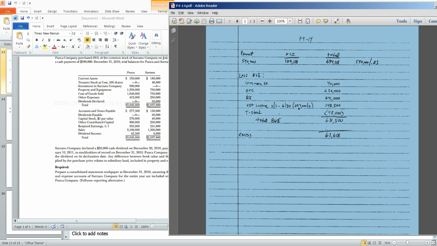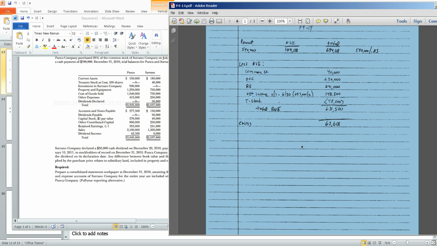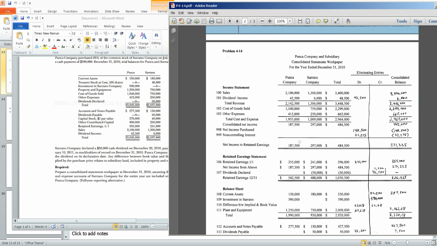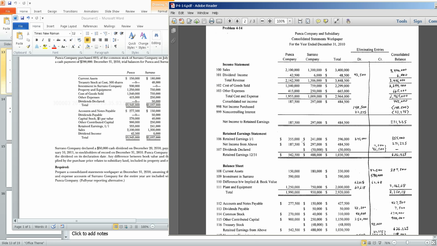Okay, now I'm going to show you where this 297,000 comes from. So you go over to the worksheet, and the worksheet, as in all the other cases, simply drops in the information off the trial balance.